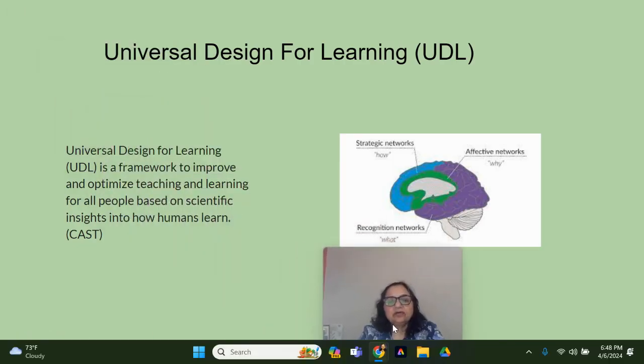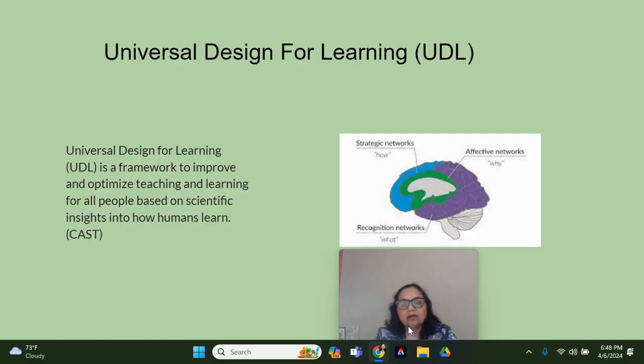So what is Universal Design for Learning? Universal Design for Learning is a framework to optimize teaching and learning for all people, based on scientific insights into how humans learn.